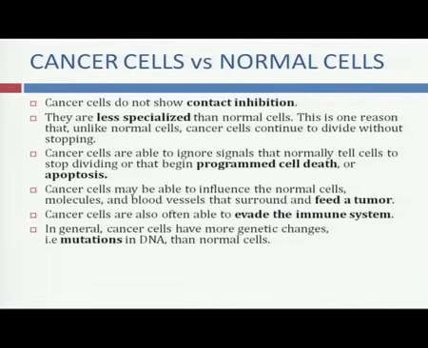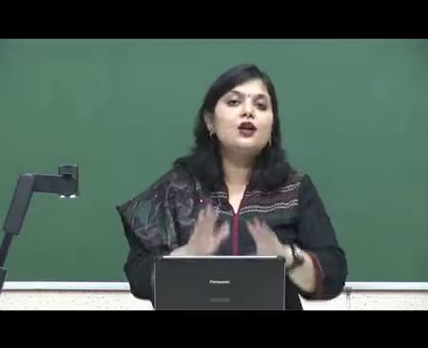Normal cells have this property, by virtue of which when they come in contact with neighboring cells, they stop dividing. This is a cue that since they are in touch with other cells, there is no place to produce new cells, so do not produce new cells, and they take this cue.